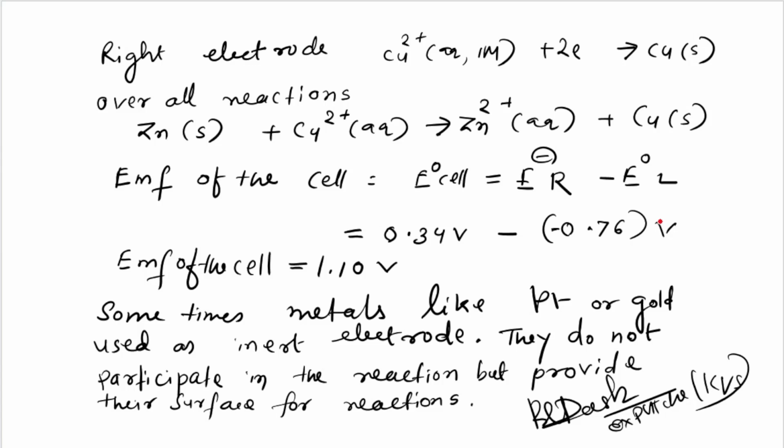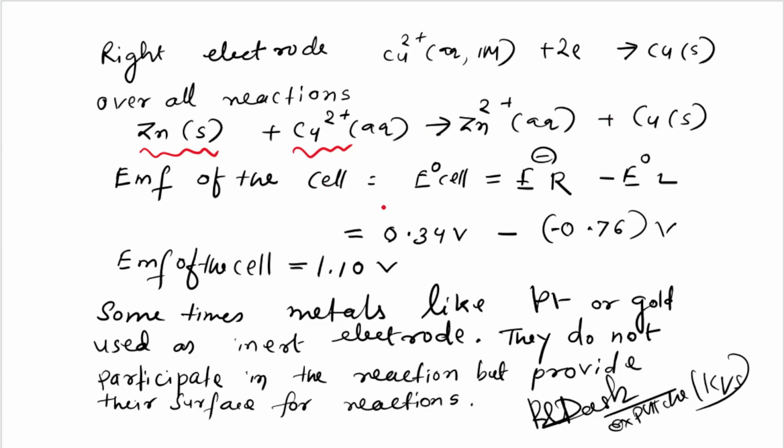When the right and left electrodes are combined, what is the overall reaction? This is the overall reaction. Zinc loses electrons, copper gains electrons, giving Zn plus 2 on the right side. So it is the production of zinc losing electrons, and here the production of gaining electrons.